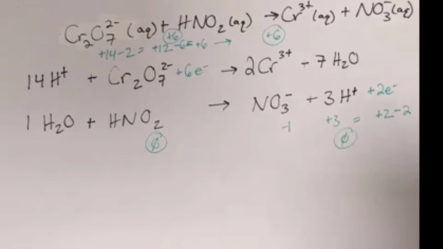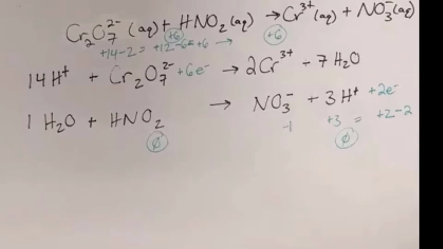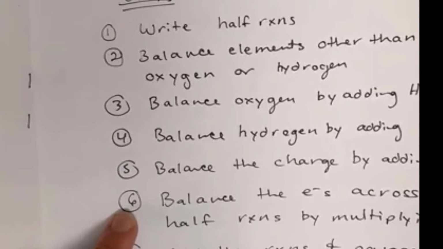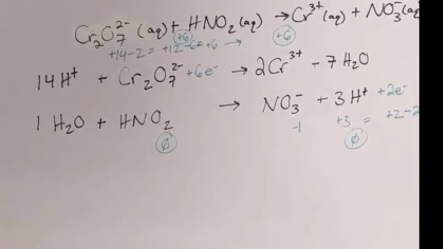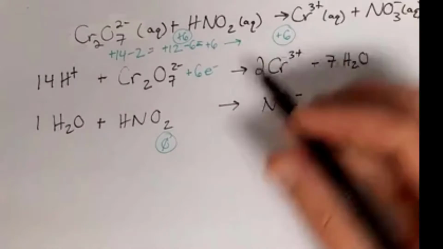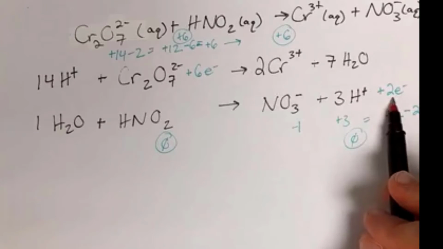But wait, there's more. So let me switch to a different color. How about red? Alright, so we're not entirely there yet, because the next step says to balance the electrons across the half reactions by multiplying. This is the same step we did on our simpler half reactions. There's 6 electrons here and there's 2 electrons here.